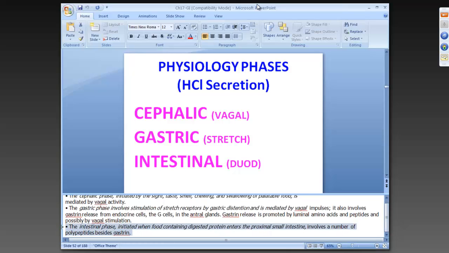And the intestinal phase, last but not least: when food containing proteins that are already being digested enters the small intestine, a series of polypeptides besides gastrin are involved.